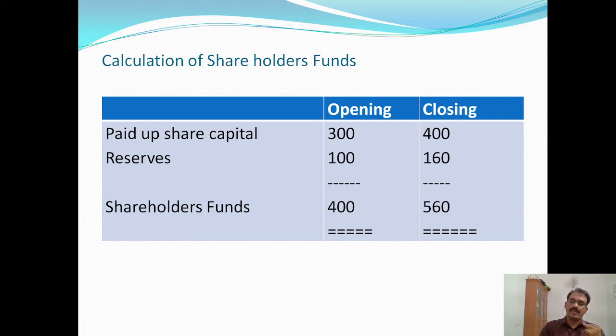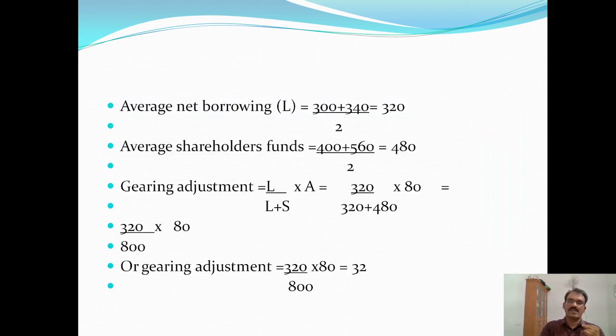Then now we can substitute the values in the equation. Average net borrowing. We have already calculated net borrowings, but we have to find out average net borrowing, L. Average net borrowing is equal to opening borrowings 300 plus closing borrowings 340 divided by 2, that is equal to 320.